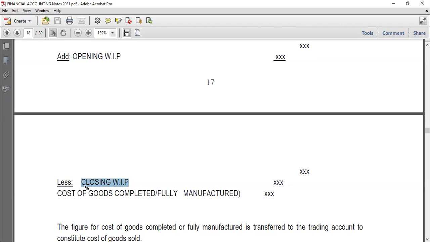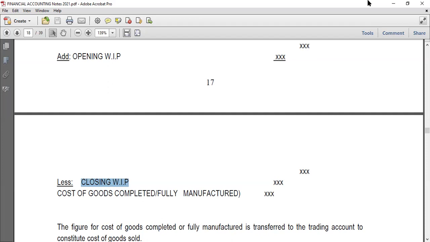Remember, the reason why we less the closing work in progress is because these goods are not part of our goods fully manufactured for that period. They will now be goods fully manufactured for the next period, when we shall complete their actual production. So that is very important.